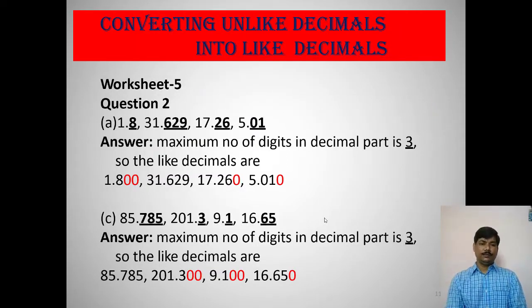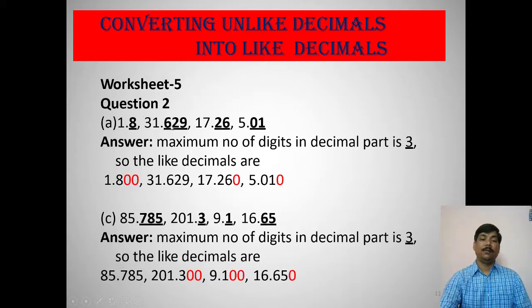Now some more examples to convert unlike decimals into like decimals. These are some decimals. You have to convert them into like decimals: 1.8, 31.6, 29, 17.26, 5.01. We have to make them like decimals. First we have to find the maximum number of digits. The maximum number of digits in the decimal part is 3. So you have to make each decimal number up to the thousandths place.